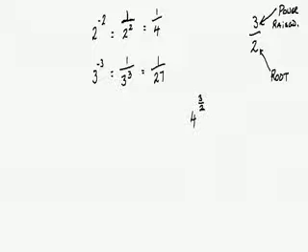Okay, so here we've got 3 over 2. So what that means is we want, because it's 2, we want the square root of 4, and then when we get our answer we take the top part of the fraction and we're going to cube it. Okay, so all I've done is rewritten what this means.